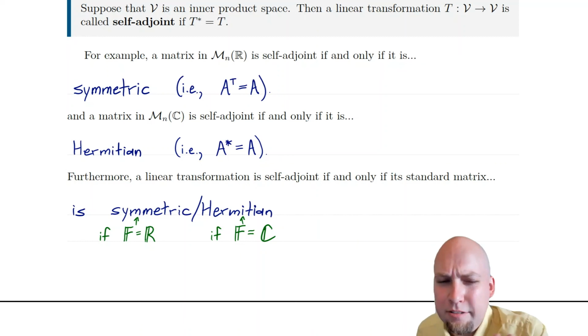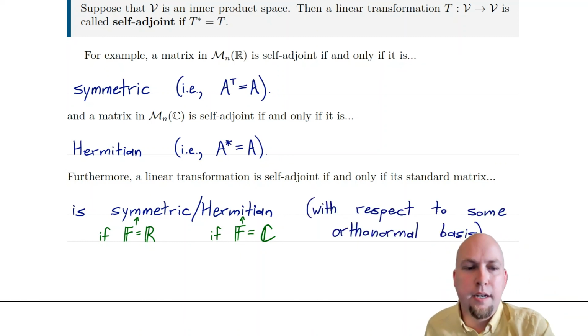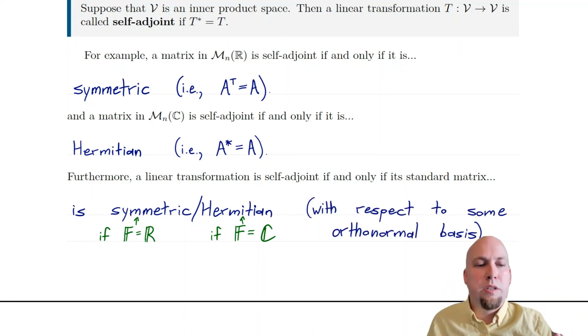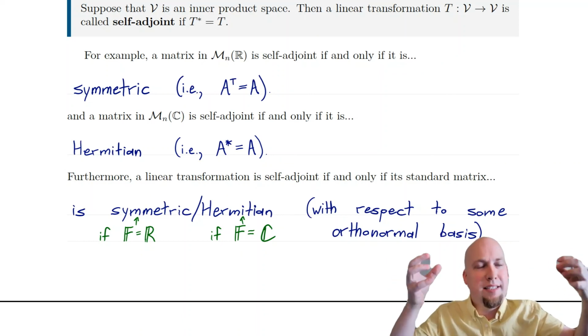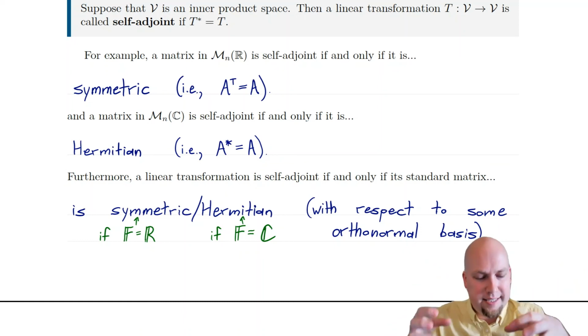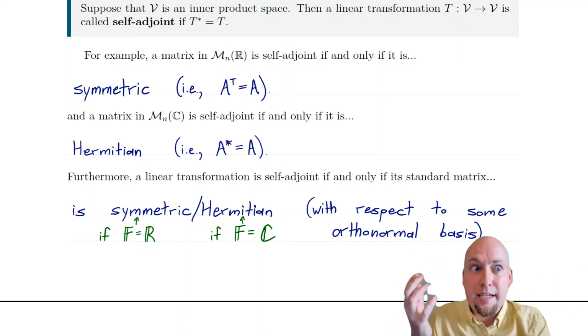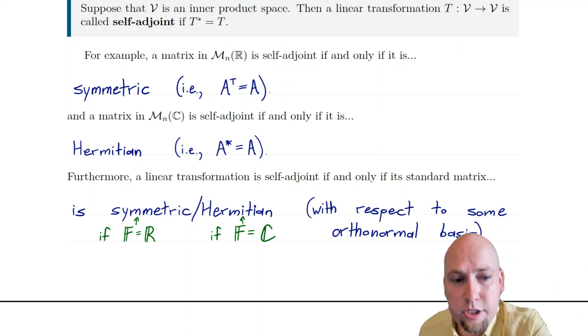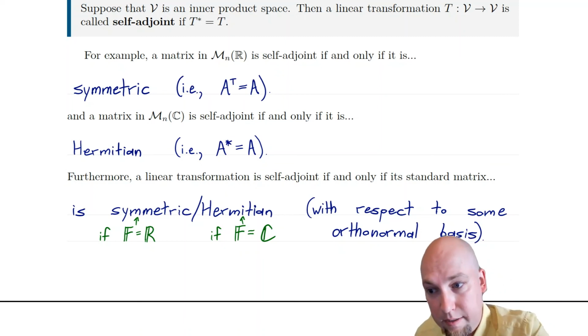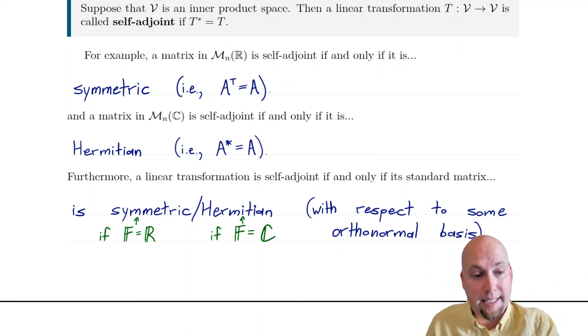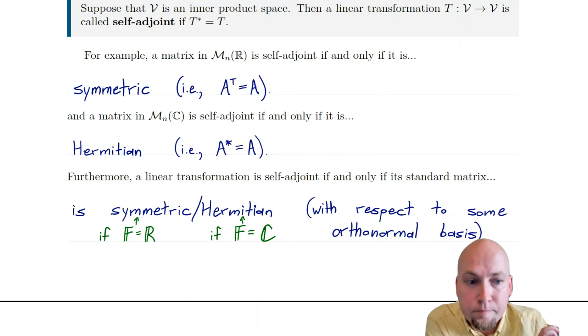And you have to be a little bit careful with this statement here. This only works if you're working with respect to some orthonormal basis. All of these theorems that say you can represent your linear transformation as a standard matrix, well, if there's an inner product in sight anywhere, you actually want to use an orthonormal basis. All of our theorems require orthonormality if there's an inner product in there.